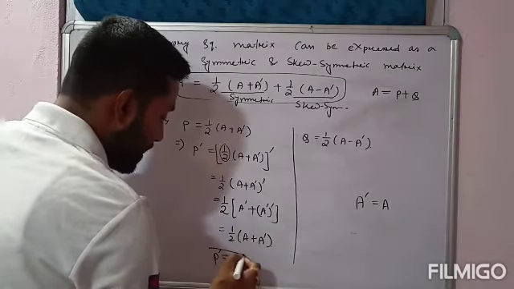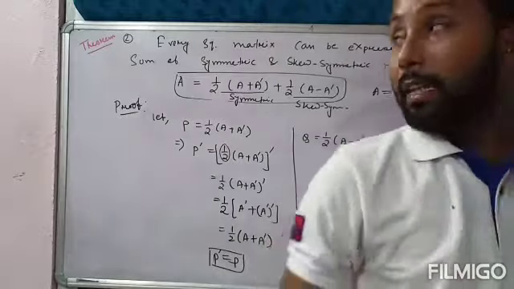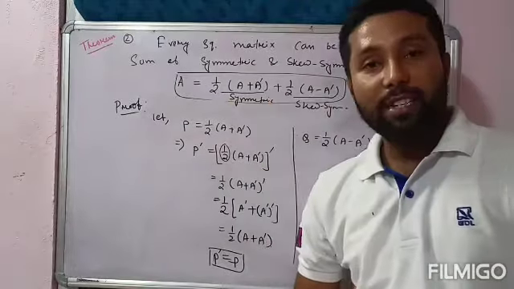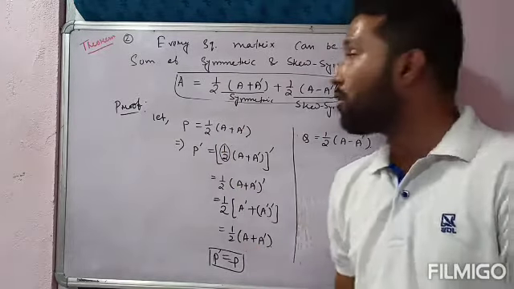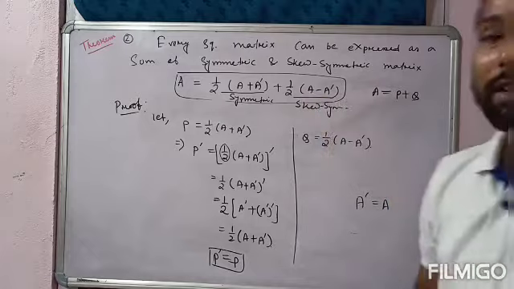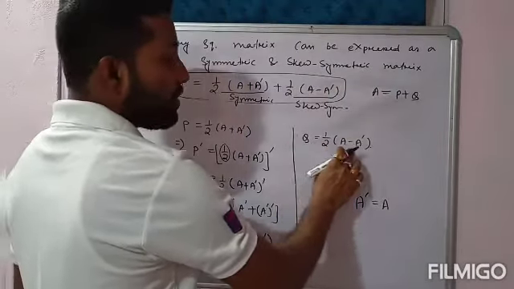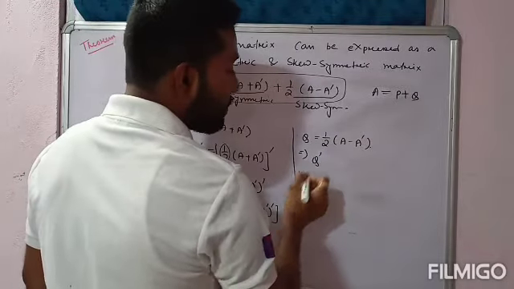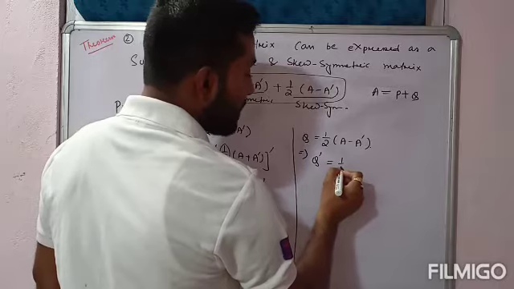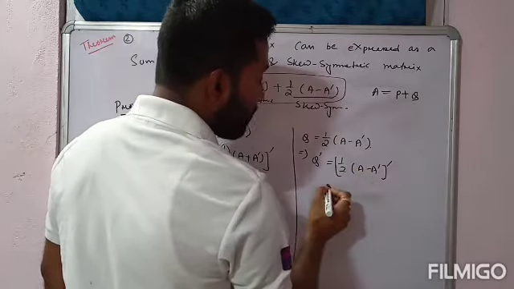Now since P transpose is equal to P, which means we can say that this part is a symmetric matrix and you have to show that this part is symmetric. So हो गया ये half part proof हो गया. Now you have to show that the second part is skew symmetric. So for this, let us consider Q is equal to half of A minus A transpose. That is, take a transpose on both sides. That is, Q transpose is equal to half of A minus A transpose whole transpose.